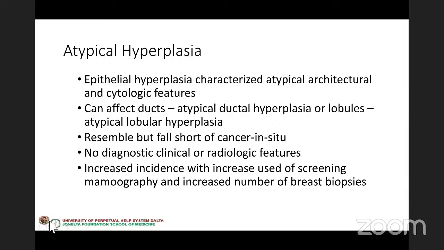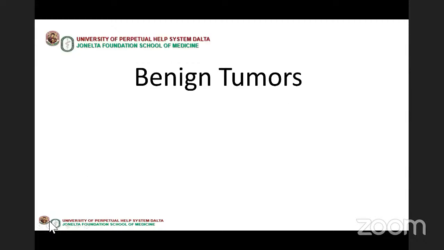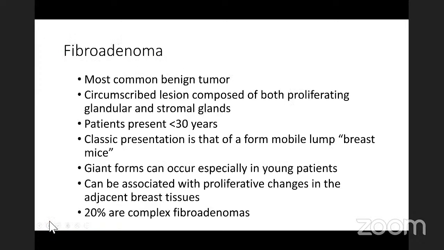There are no diagnostic clinical or radiological features that could diagnose atypical hyperplasia. There's increased incidence with increased use of screening mammography and an increased number of breast biopsies since we do our investigations quite early. Okay. So those are your benign breast diseases.